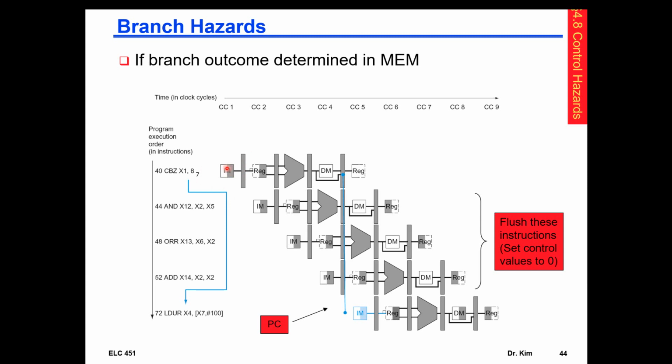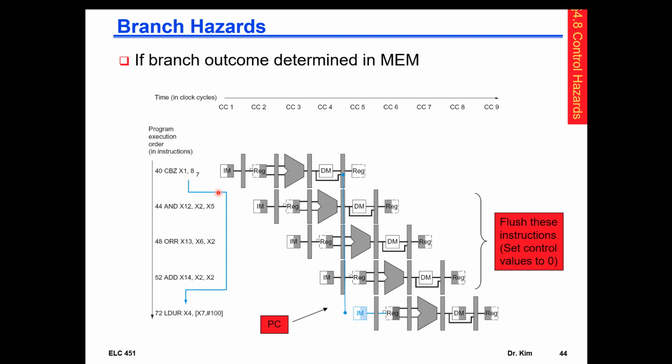Here we are reading register 1, and here we detect if we have the condition that passes through, and here's where we update the PC.